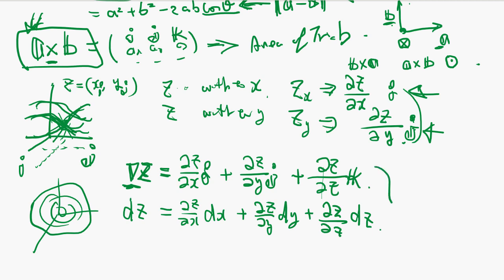And now two different derivatives. This is the part most students get confused. What is the difference between this and this? When z is a function of x, y, z, or in vector form, that's what we talk about in the next video.